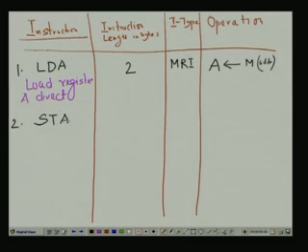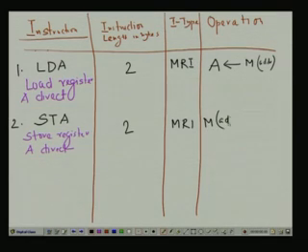This is store register A direct. Again, that is type MRI, and the length is 2. It is totally reverse as it is a store. So, memory is stored from register A.